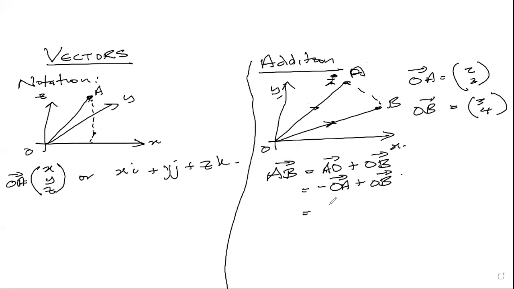So that is going to be equal to -2, -3, plus 3, 4. And that will be 1, 1. All right, so that is vector addition.